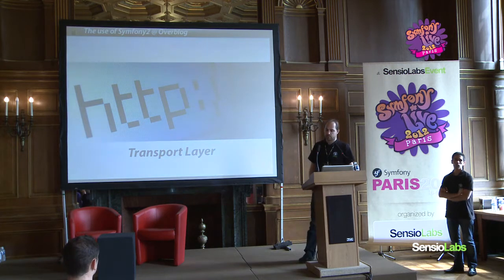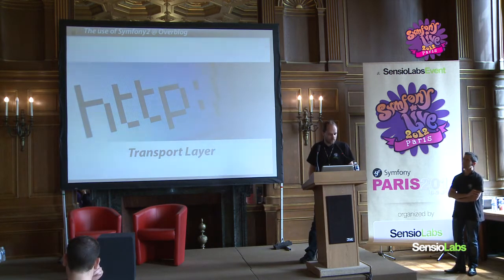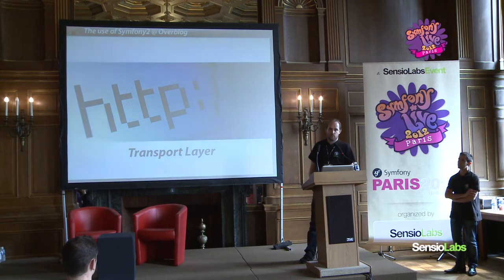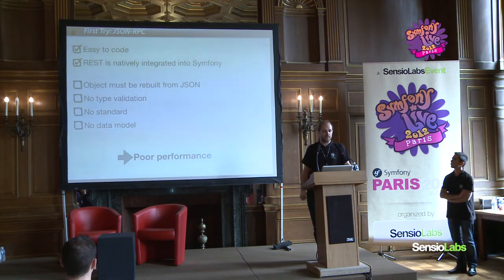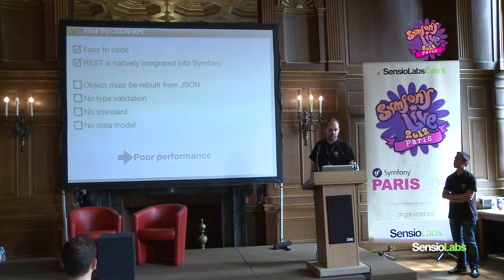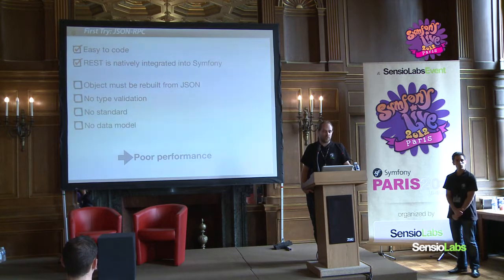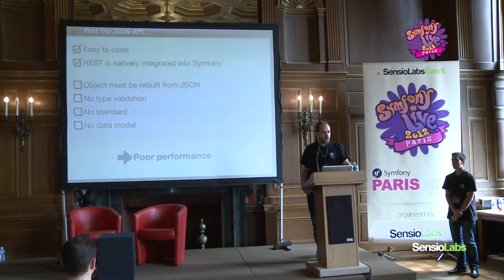The transport layer is something we spent a lot of time on, starting at the very beginning of the project. We went REST-like because it was easier to code. REST is natively integrated into Symfony, and we also had a lot of experience with it, so we implemented this solution.